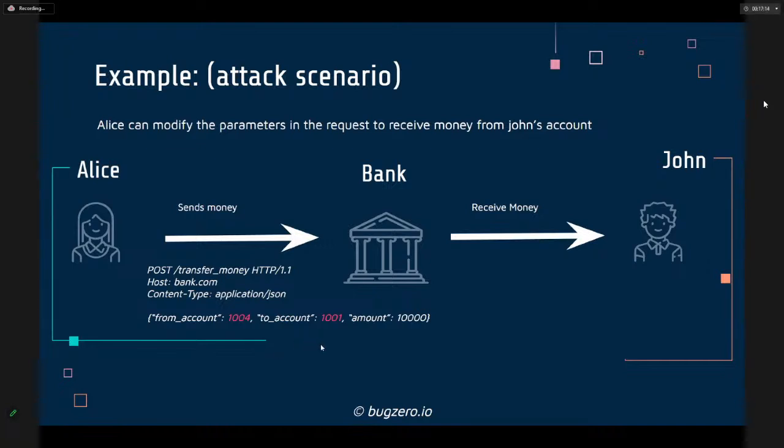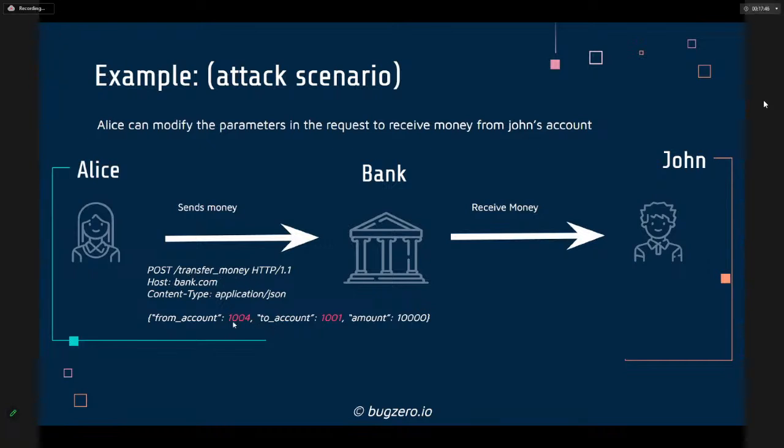If you want to find this kind of vulnerability, always look for these kinds of parameters and critical endpoints, right? Transfer money can be a critical endpoint, so keep an eye out for parameters like this, and always try to understand what the endpoint does before you change anything.